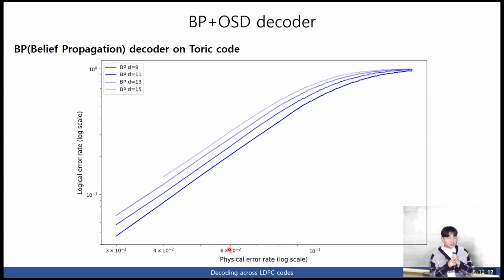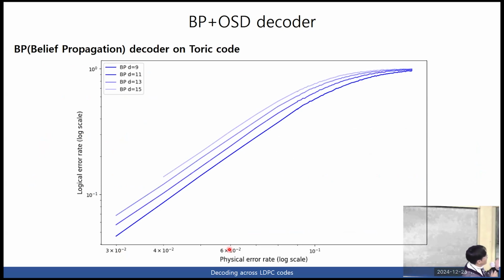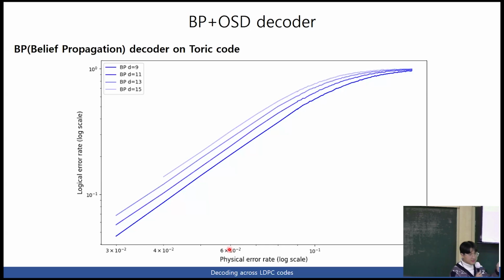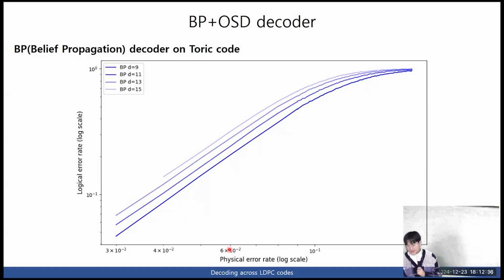But if we do it on the toric code, the results look something like this, where you can see that as the distance increases, the logical error rate increases, which is not a working decoder.